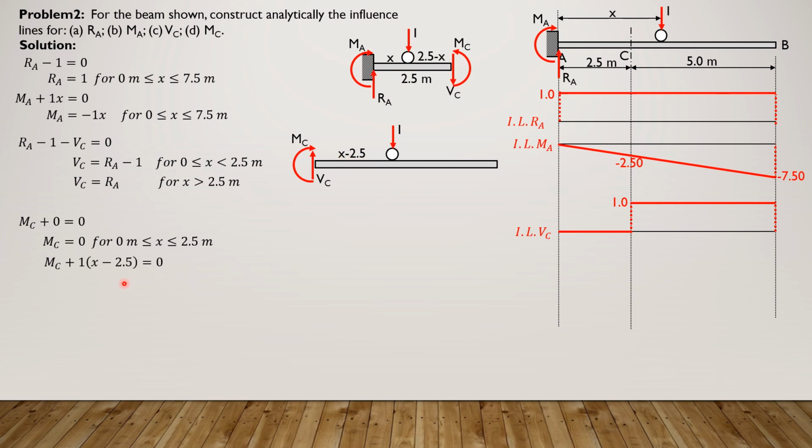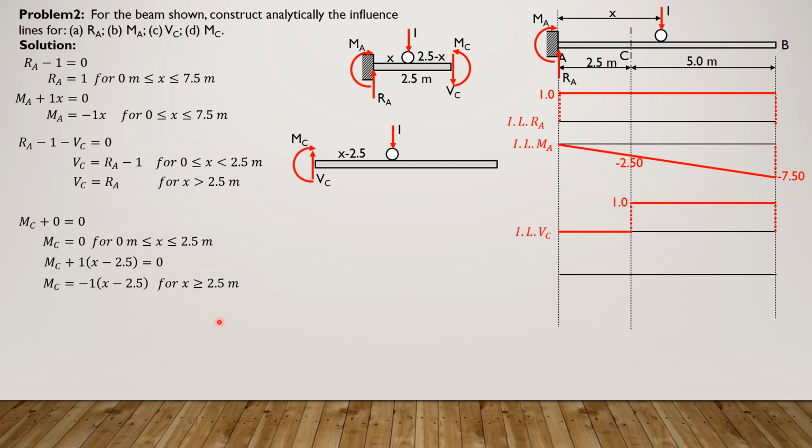So MC plus 1 times x minus 2.5 equals 0. So M sub C is negative 1 times the quantity x minus 2.5. So when x is 2.5, this is 0. When x is 7.5, 7.5 minus 2.5 times negative 1 is negative 5. So for x greater than or equal to 2.5, that's the formula.